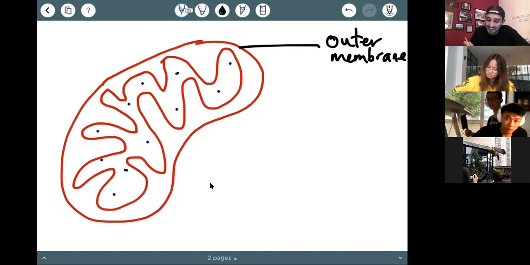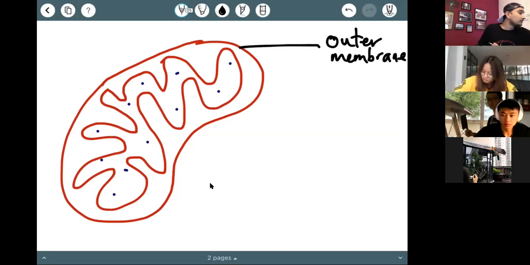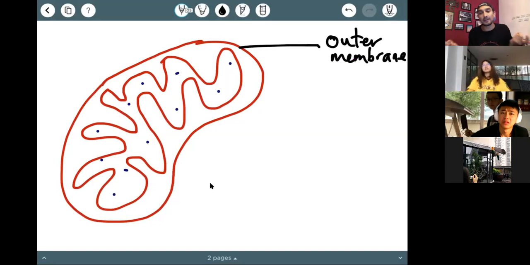Yeah, false sense of comfort? So it's actually called outer membrane. You could say outer mitochondrial membrane if you want, to be smarter. Yeah, outer membrane, outer mitochondrial membrane if you want.